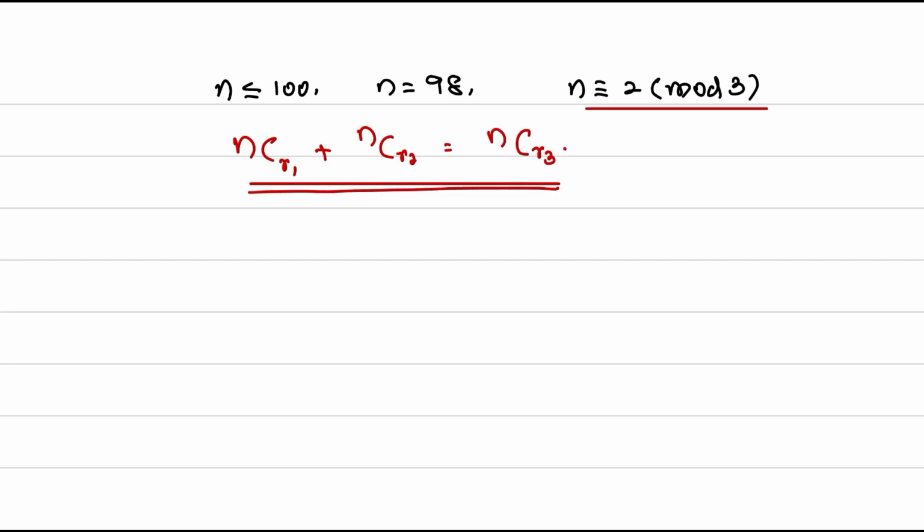Then you satisfy yourself that that particular equation is satisfied, and also the congruence n equivalent to 2 mod 3 is satisfied. Then you will get the total number of combinations and total number of n values, and sum of the n values also you will get.